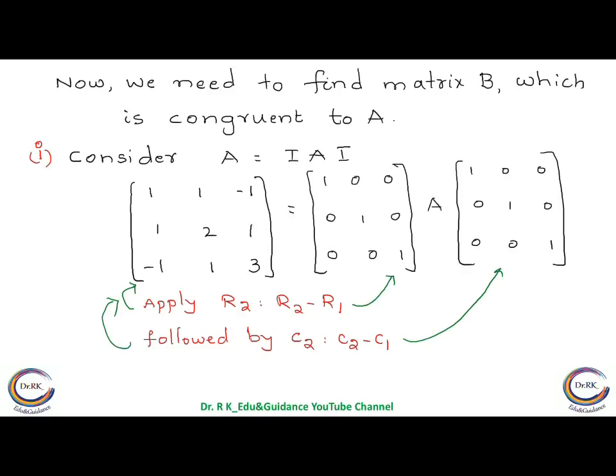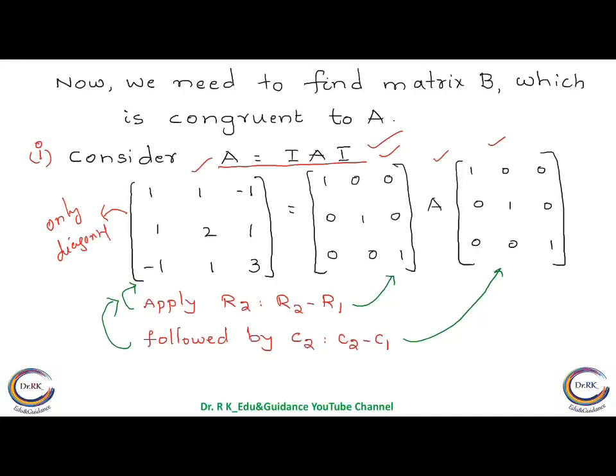For that, let us take A equals IAI. I is an identity matrix, so it doesn't make any difference. So take the matrix A as it is. The aim now is to convert this into a matrix consisting of only diagonal elements.